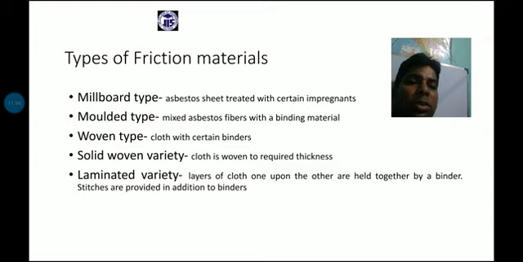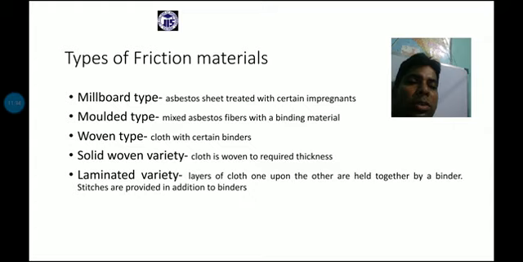Now the total torque transmitted, capital T, is equal to two third of mu W (RO cube minus RI cube) whole by (RO square minus RI square). So T is equal to mu W R.